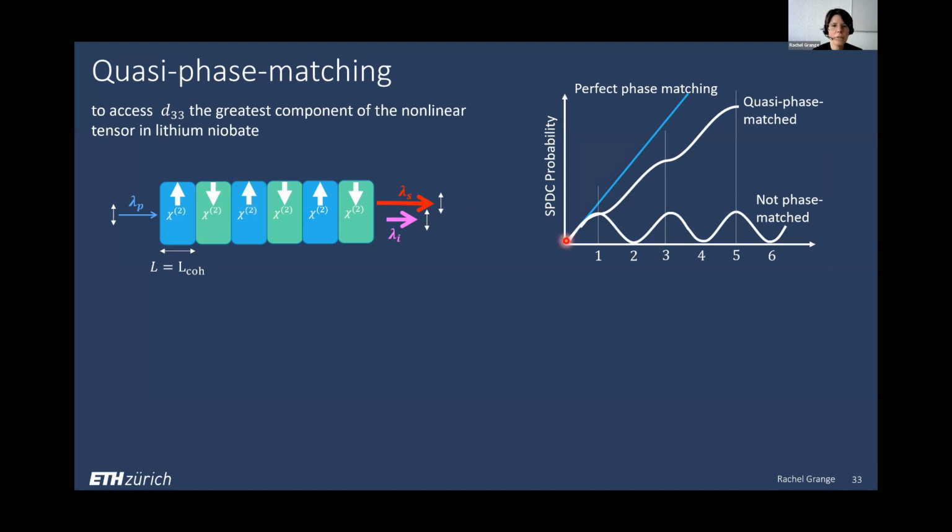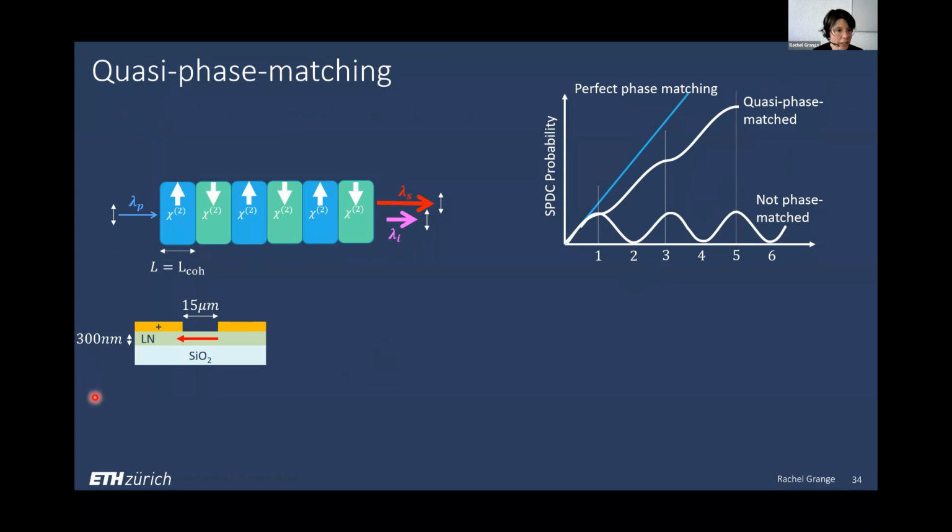What you end up with now is not an oscillating structure, but a structure that is quasi-phase matched and that will compensate this phase mismatch to nearly follow the perfect phase matching. It's never the same, but that's a way to have a signal that is not totally annihilated after 2 coherence lengths. You can do that not only in bulk crystal, as was done in the last decades, but on lithium niobate on insulator.